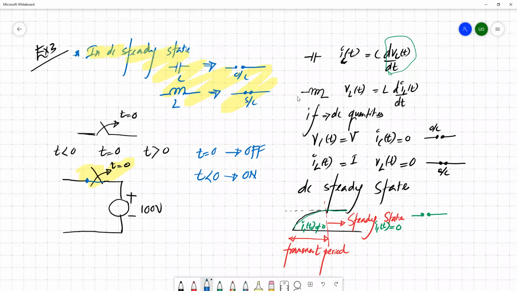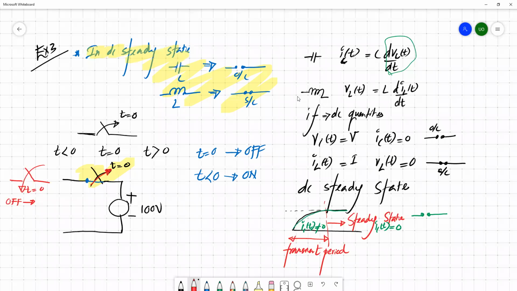So this arrow indicates the operation. This arrow is out from the switch, so it means the switch moves to off state. If your arrow is something like that, this means it moves from off to on.